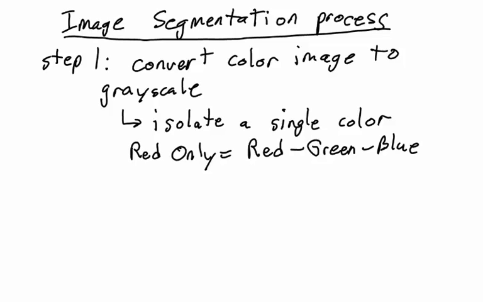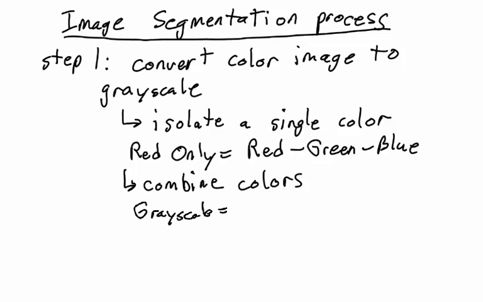Another way to do this is to combine colors. In this approach, we have the grayscale image equal to some constant times the red image plus some constant times the green image plus some constant times the blue image.